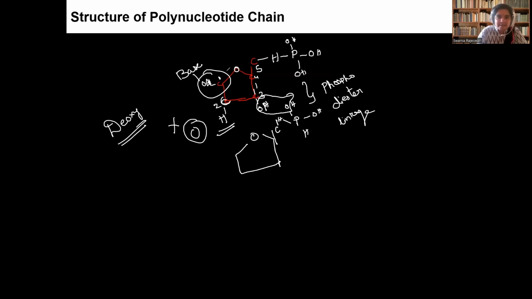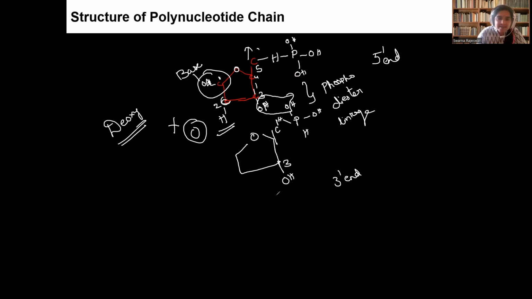And as the fifth carbon is on this side, we call it the 5' end. And here the third carbon is present, so this end we call the 3' end.